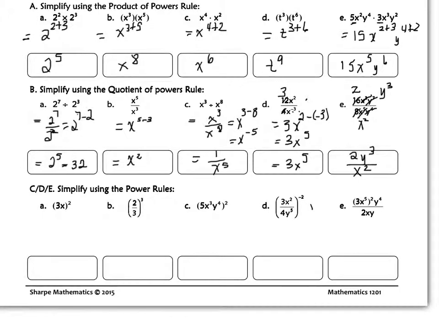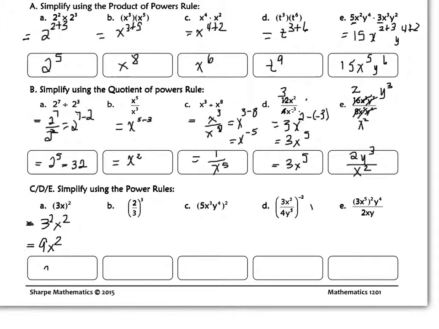And the last row here, you're using the power of a product rule for the first one. So this power can come inside to each part: if there are things multiplied or divided inside of brackets, you can bring the power outside to each part. So this would become 3 squared x squared, which would become 9x squared.